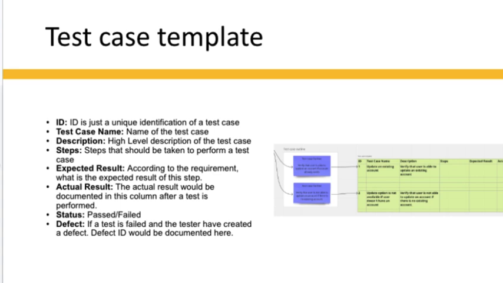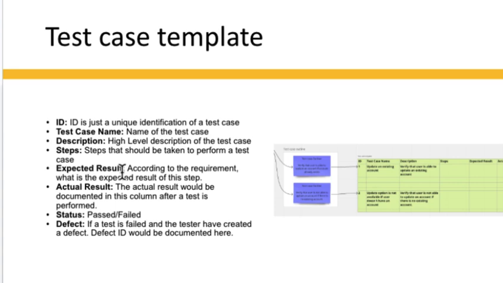For example, you go there, go here, or click on this button, or hit on send. So all these steps should be listed, so that if you are not there, anybody else testing the application or API should be able to follow these steps and perform the testing.